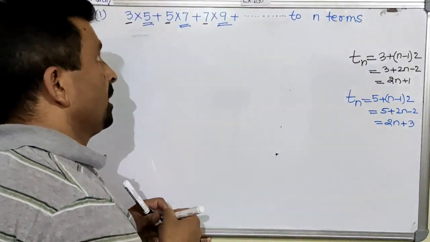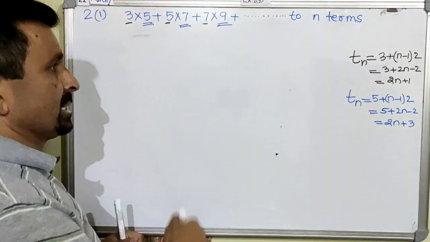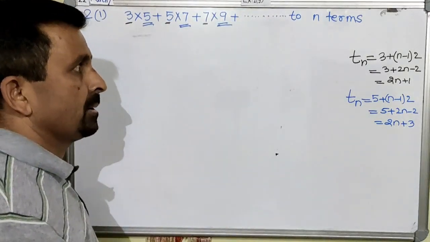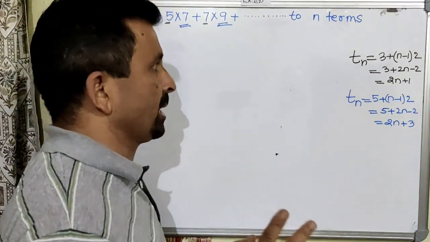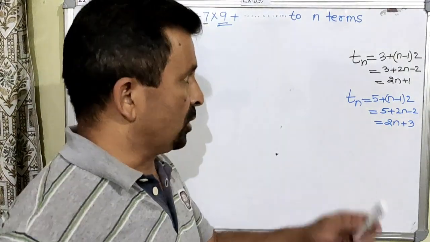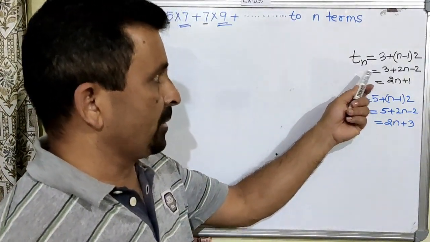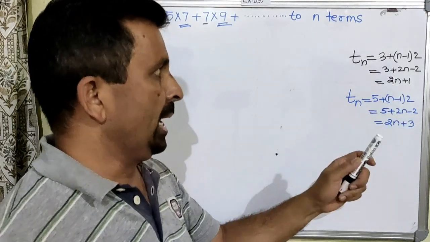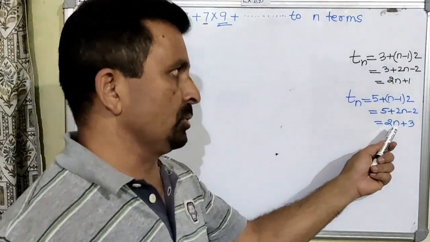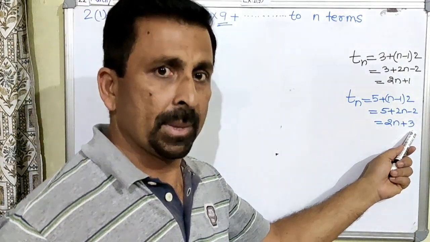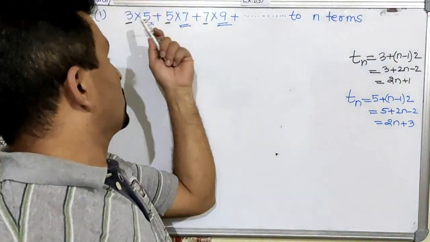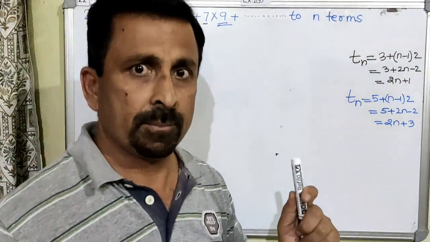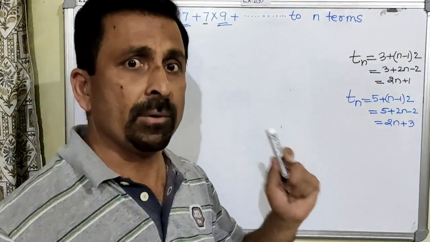Now look here. I told you that this given series is a combination of double series, and therefore we have to find out the nth term of each series. So now we have calculated the nth term of the first series as 2n plus 1 and the nth term of the second series as 2n plus 3. Now, the two series are given in the form of product.